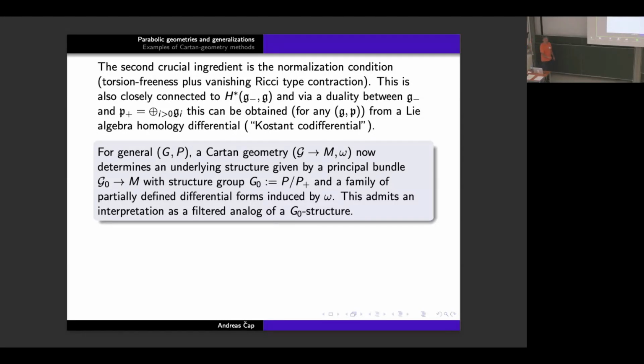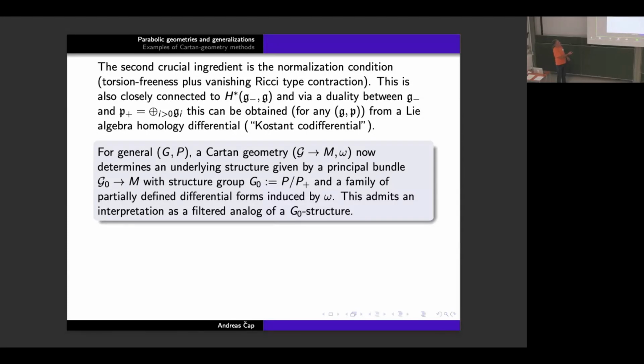And again, you can understand this in a way that is parallel to what happened in the conformal case. Namely, if you assume that you have a general pair G, P, general here means semi-simple and parabolic, so general in the context that we are currently talking about. Then if you start with a Cartan geometry of that type, this determines an underlying structure, more or less exactly in the same way as we did in the conformal case. You factor by the group P plus.